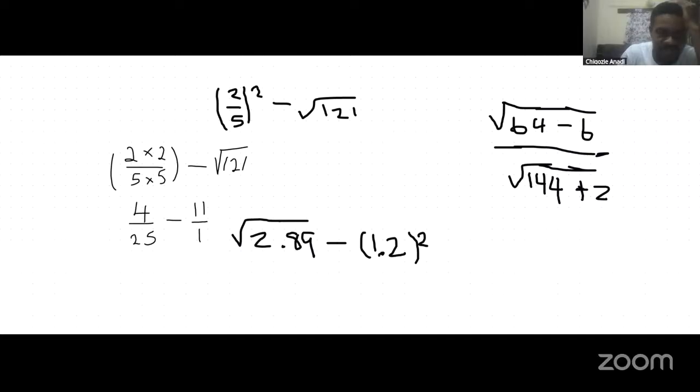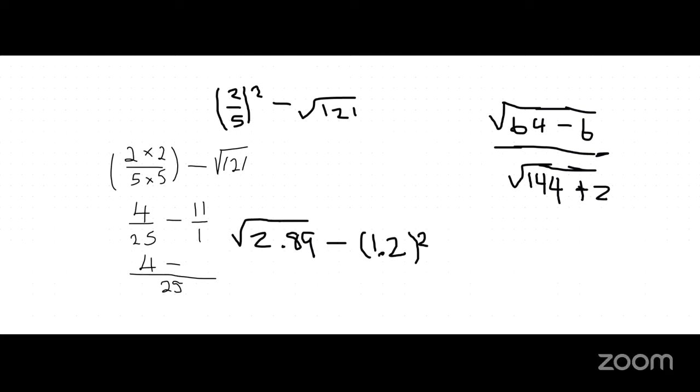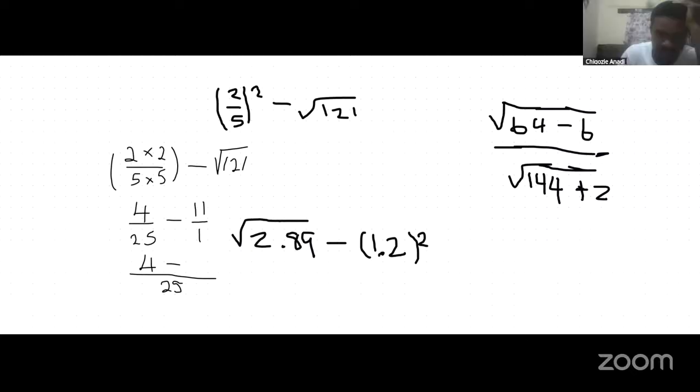My LCM is 25. 25 divided by 25 is 1. 1 times 4 gives me 4, minus 25 divided by 1, that will give us 25. And 25 times 11 will give us what? 275.